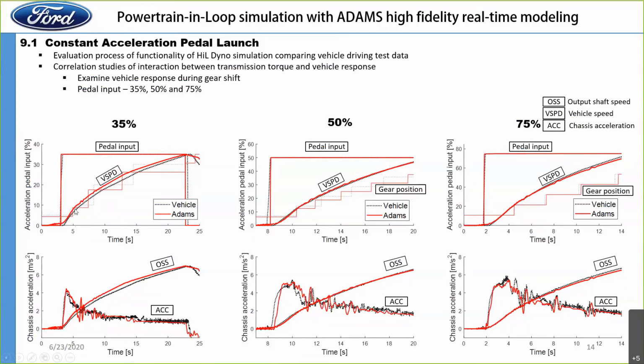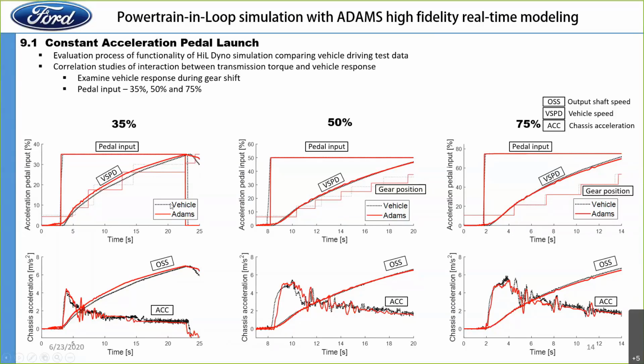You can see the shift schedule, the step is the shift schedule, and this red line is the vehicle speed. Here this is a 35% pedal, the second one is a 50% pedal, and then a 75% pedal.